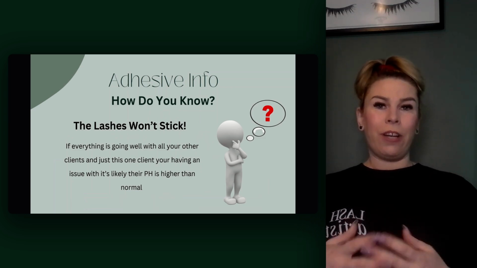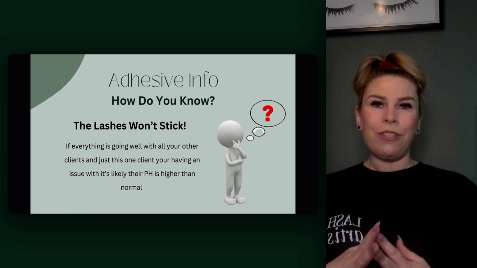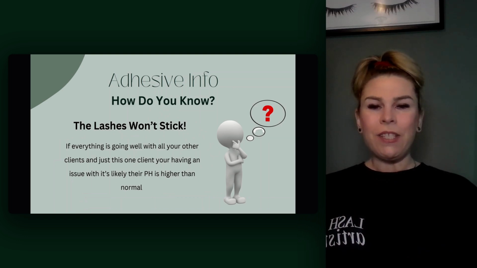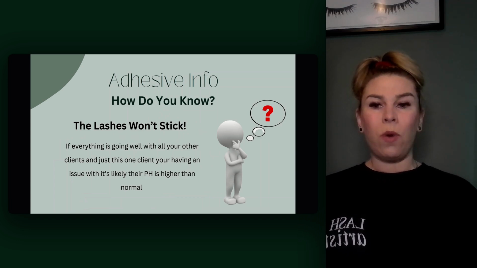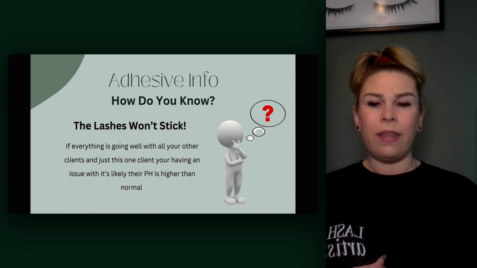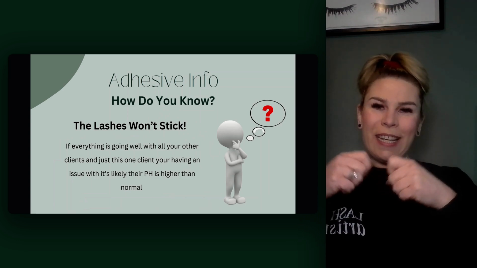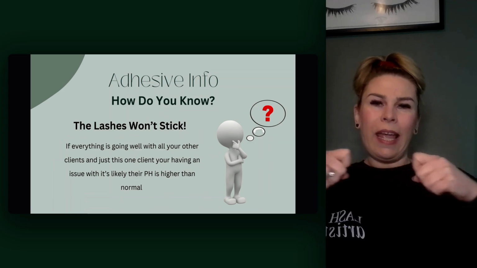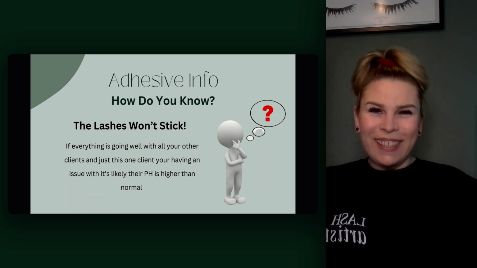It's not something that they're going to know to tell you. Long story short, the lashes are just not going to stick. Okay, so if everything's going well with all of your other clients, and for whatever reason, this one client you're having an issue with, the lashes you're trying to stick are almost creating like a magnetic rejection force.